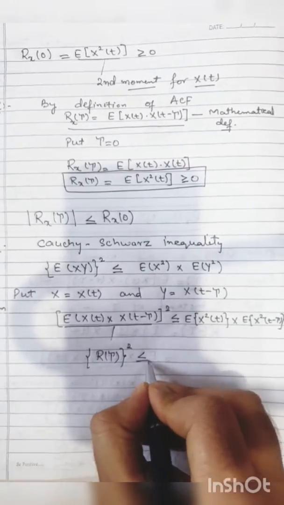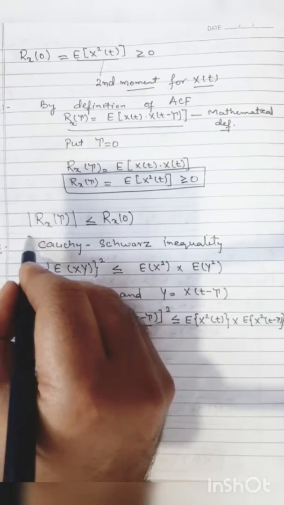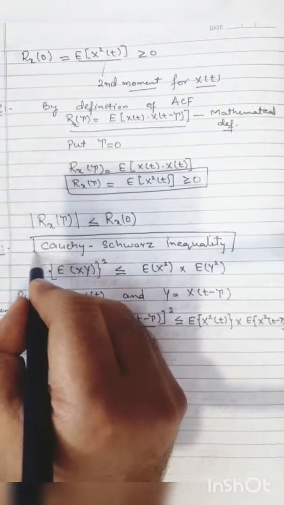This is always less than, by the Cauchy-Schwarz inequality, which we have written.